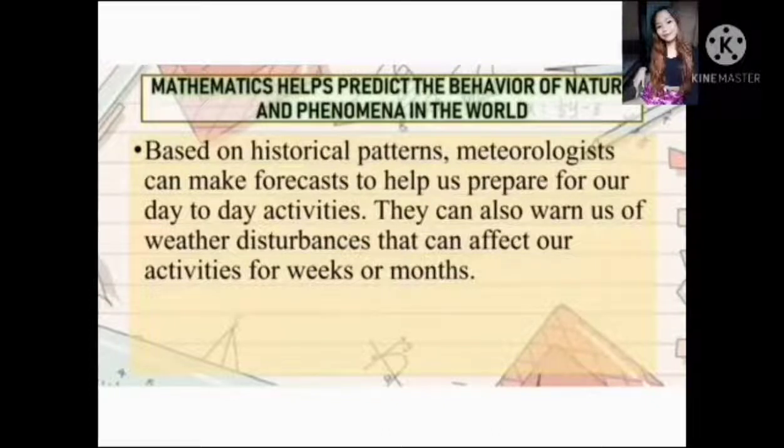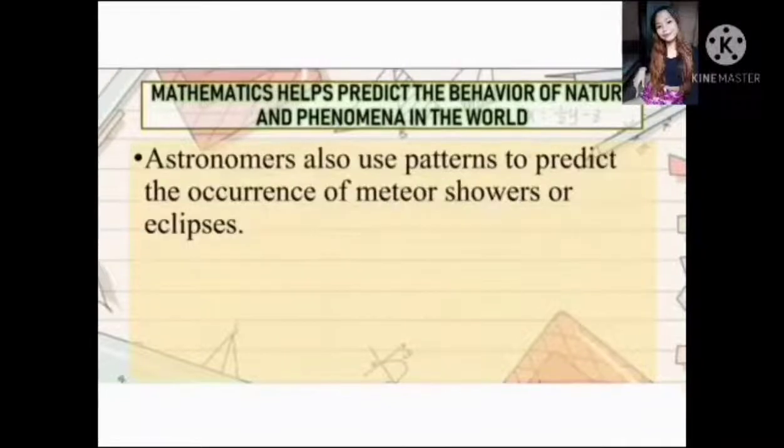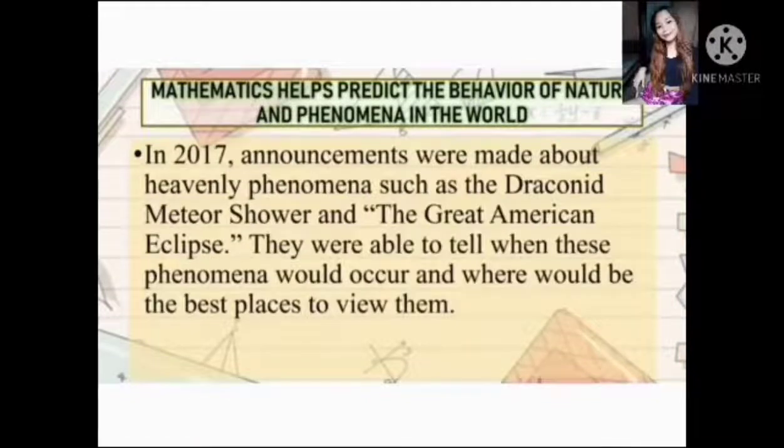hapon. Astronomers also use patterns to predict the occurrence of meteor showers or eclipses. Para alam natin kung kailan mapapanood yung mga meteor showers. So in 2017, announcements were made about heavenly phenomena such as the Draconid meteor shower and the Great American Eclipse.